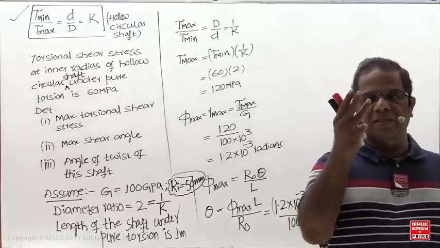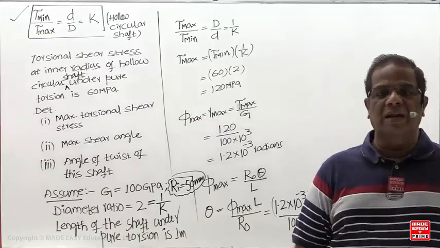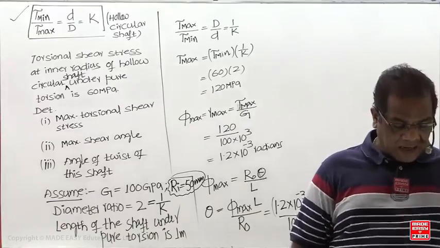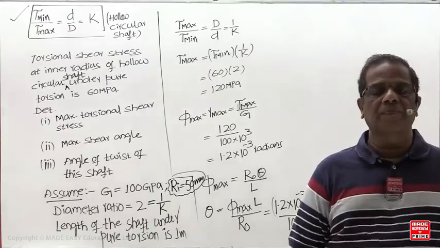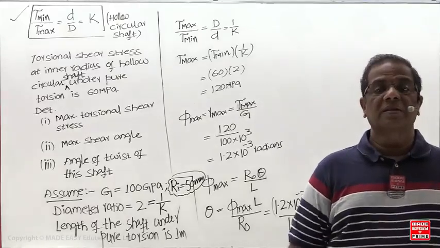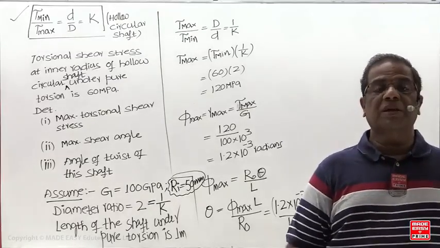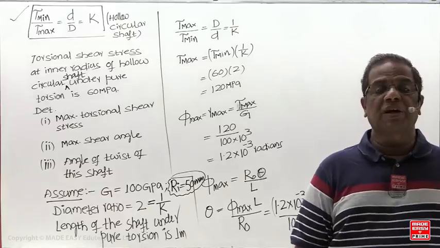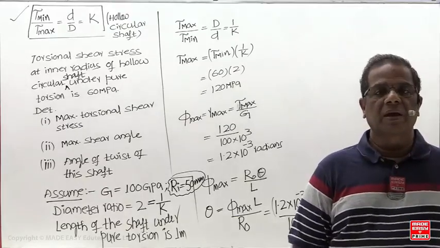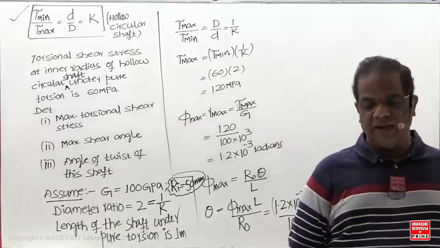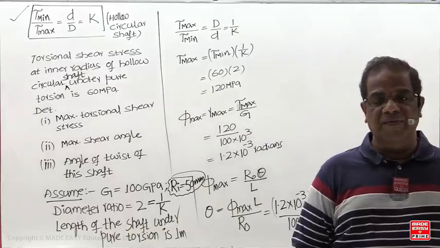Three students, three ways they go. One student, without any calculation, directly says the answer is 100, because both shafts have the same diameter and are subjected to the same twisting moment. What is different in the two shafts? Length is different, material is different.